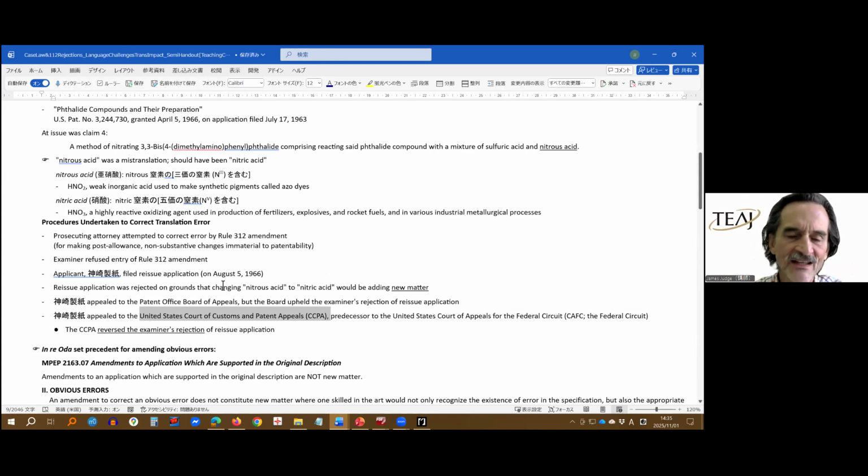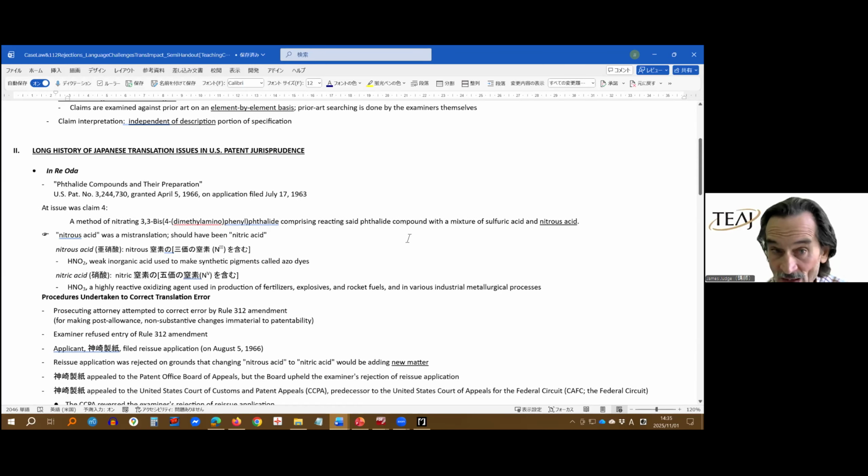And finally, doing that led to a reversal of the examiner's rejection. So that was a huge deal. That had a very significant impact on U.S. patent prosecution.